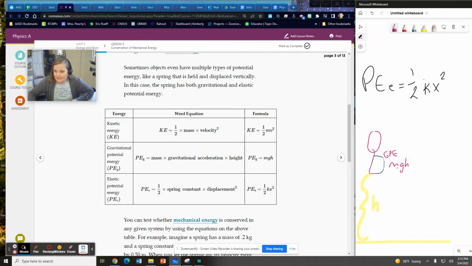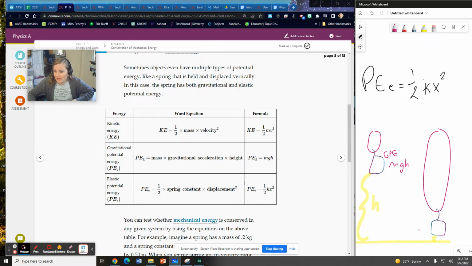So up here, it's got a high amount of gravitational potential energy. When the rubber band is stretched down here, the height is much lower, so it doesn't have very much gravitational potential energy, but it has a lot of elastic potential energy.